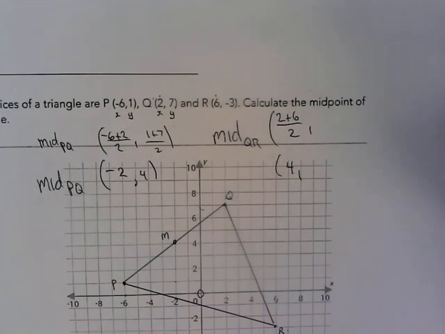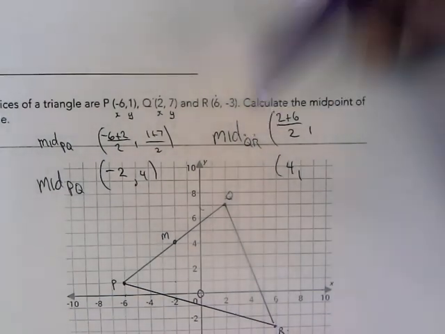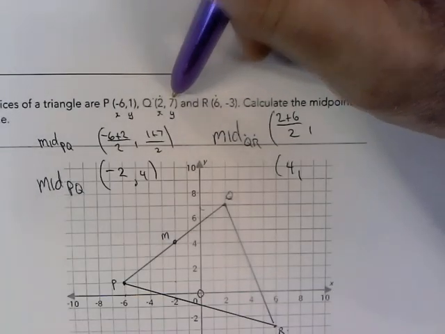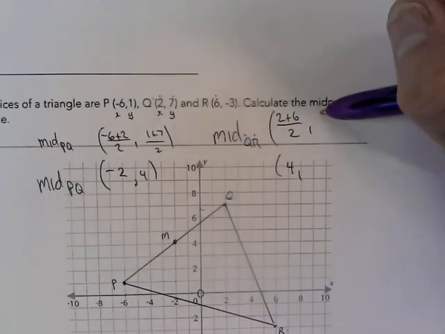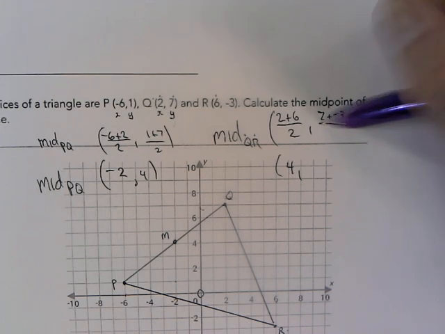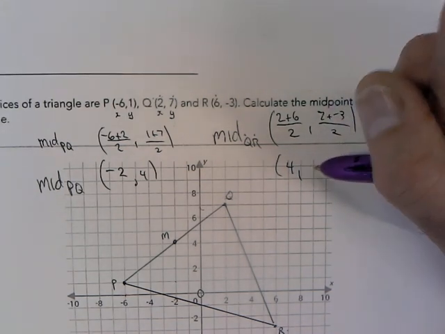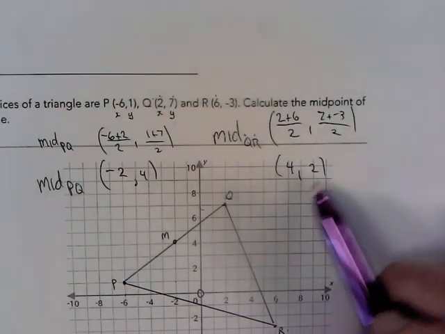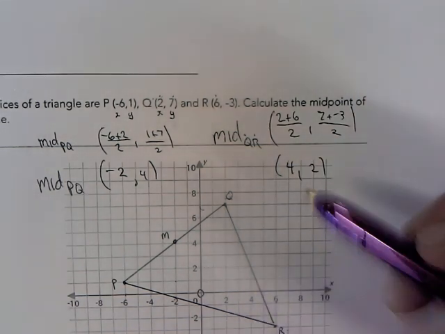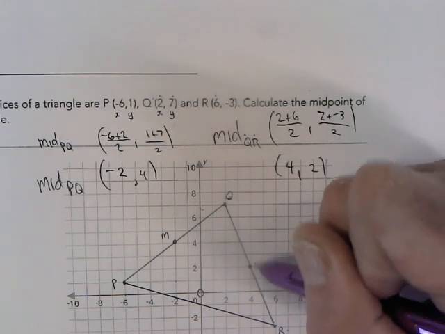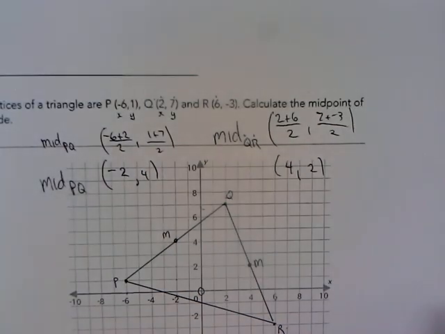And for the Y values, again from Q to R, 7 plus -3 over 2. 7 plus -3 is 4. 4 divided by 2 is 2. So let's see if 4, 2. Yep, sure does. There's 4, 2. That was the midpoint there.